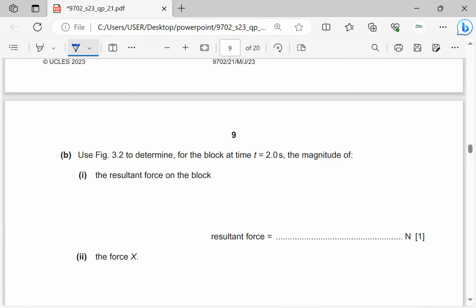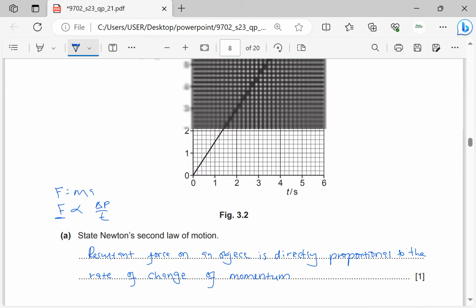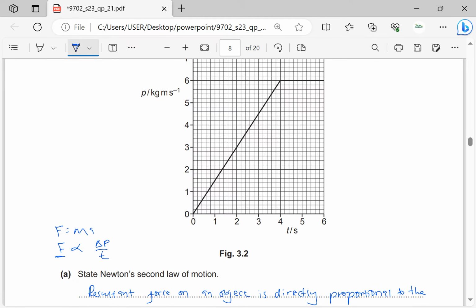Use the figure to determine, for the block at time t equals 2 seconds, the magnitude of the resultant force. Remember, the force is the rate of change in momentum. We see that at 2 seconds, it is a straight line passing through. So the rate of change is constant because it's a straight line, the gradient is constant. And the gradient is going to be the force. So I just find the gradient.